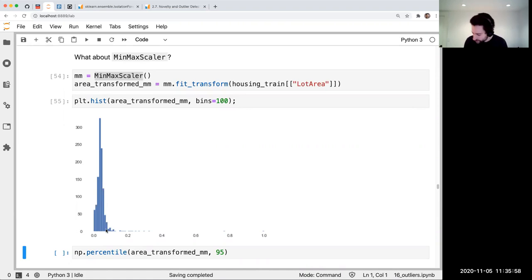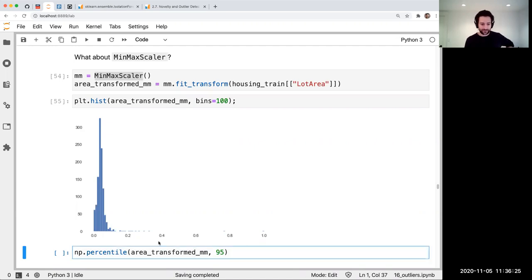And so if your point of doing min-max scalar was to have all your features smeared between 0 and 1, now this feature with the outlier is mostly living between 0 and 0.1, and that could affect the model and bias how important it thinks the feature is. It could make it think the feature is less important because it's not varying that much most of the time, but it's just because of this outlier.